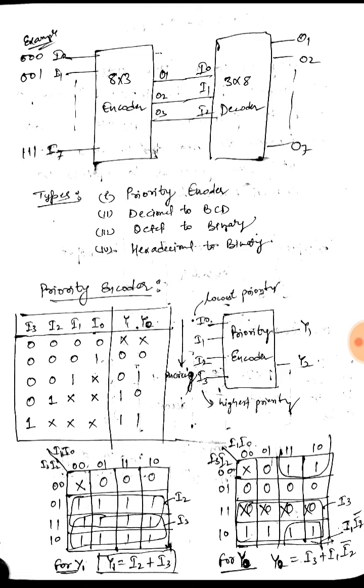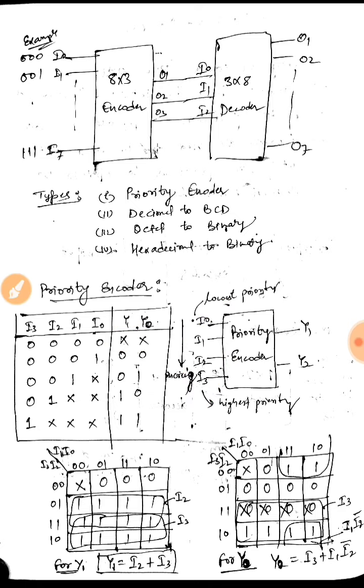Similarly, if I1 is high and both I2 and I3 are low, whatever the input of I0, it doesn't matter, only I1 would transmit to the output, that is 0 1. Similarly, if I0 is high and the rest of the 3 are low, then I0 would automatically transmit, that is, at the output I would get 0 0. If all of them are low, then I would get nothing at the output.